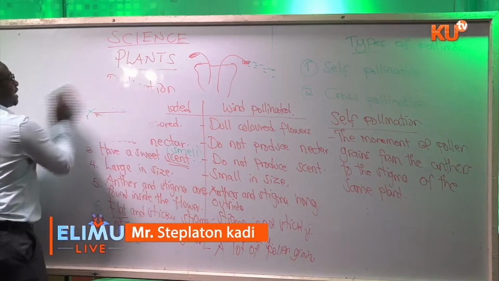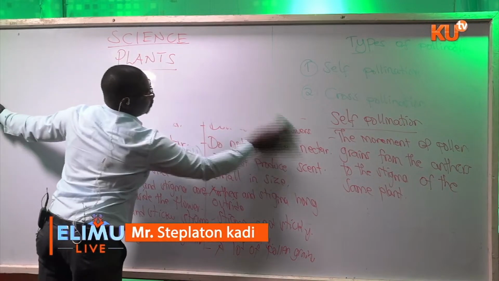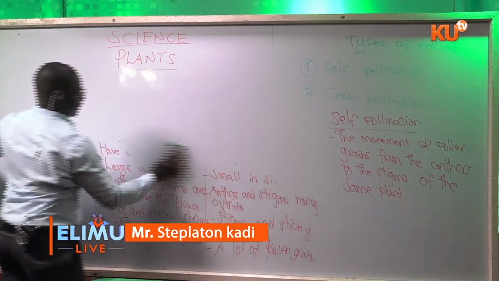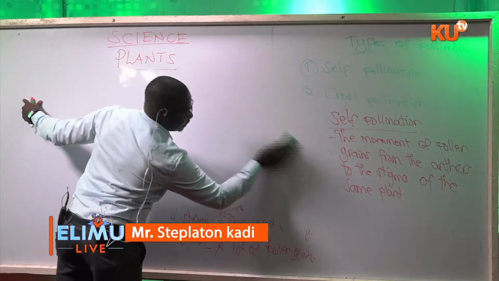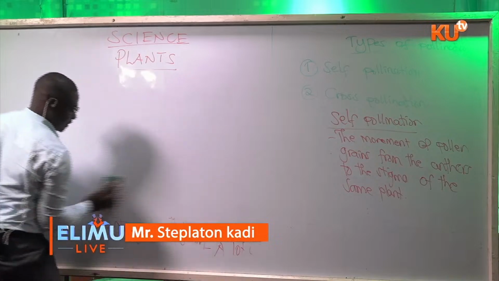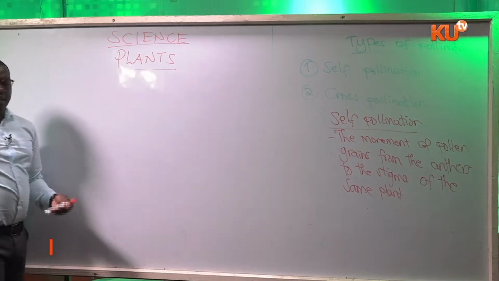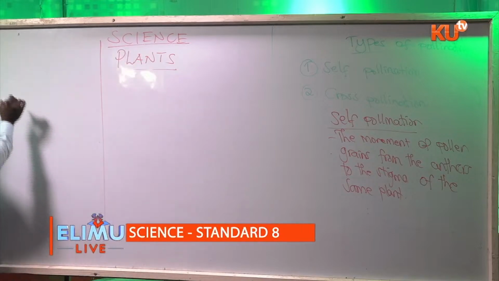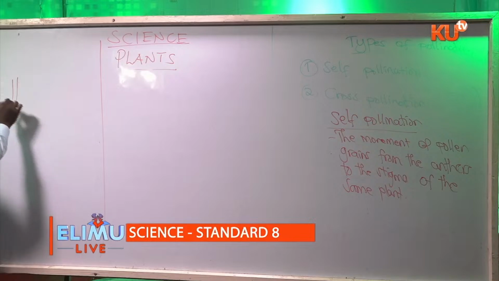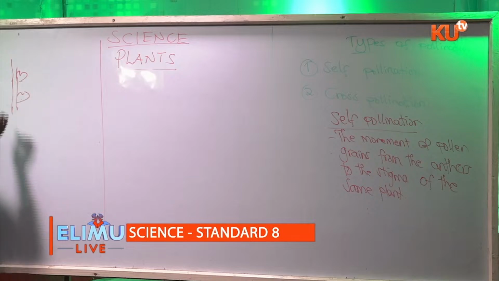So in a diagram, a sketch of a diagram, just to emphasize what self-pollination is, we'll get something related to this. So we'll have one plant. We can have a flower, that can show a flower.